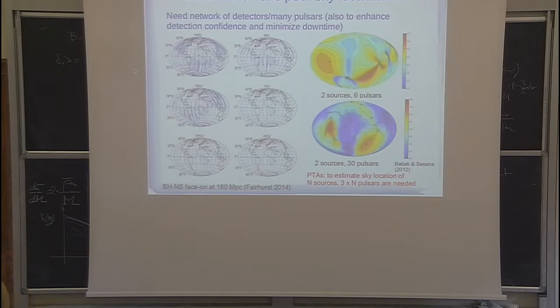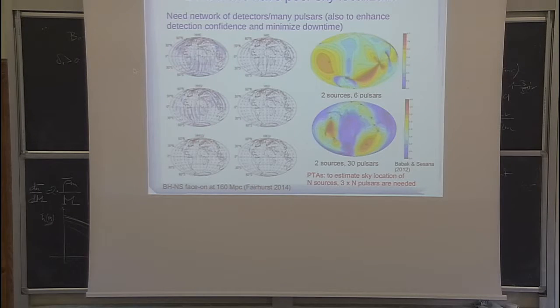Yes? If you have a network of detectors, yes, you can get both polarizations. No, each detector is sensitive to a combination of h plus and h cross. So this is what I was writing this morning.